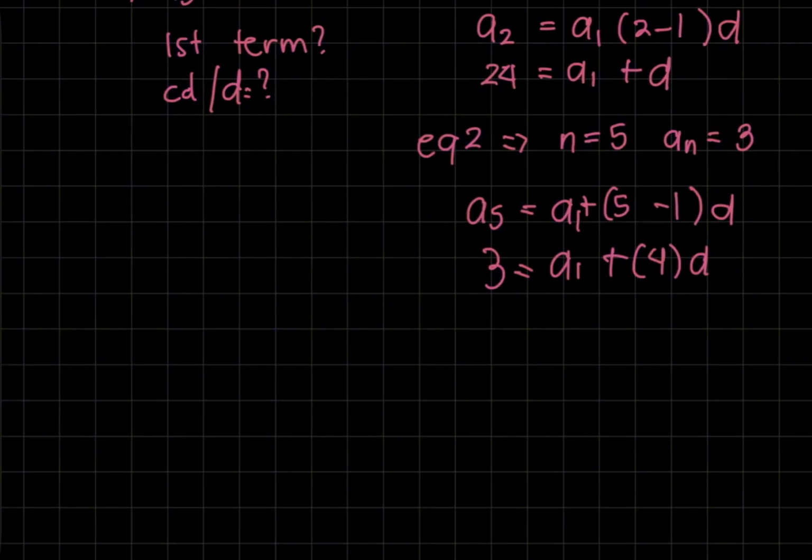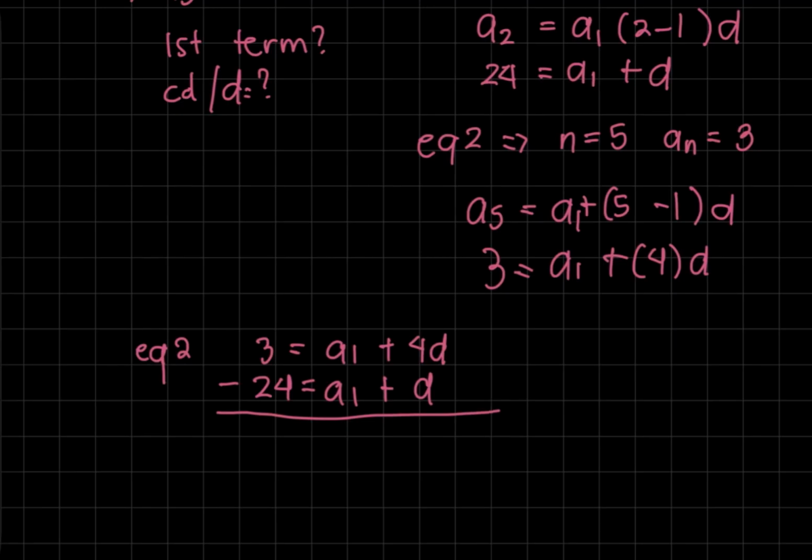So we have equation 2, that is 3 equals A sub 1 plus 4D, and then minus 24 equals A sub 1 plus D. We have negative 21, and then we have 3D. 3 minus 24 equals negative 21.